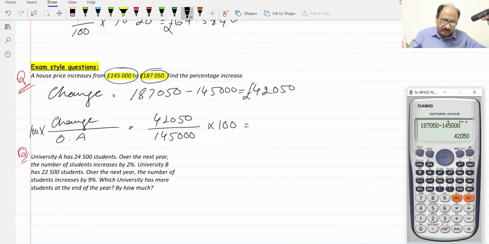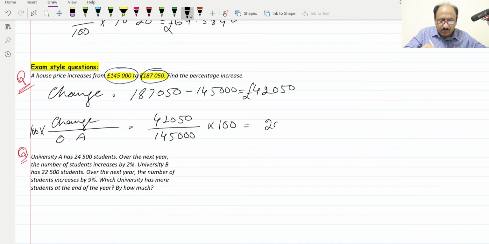We can write here the fraction 42050 divided by 145000, multiplied by 100, and this answer will be 29%, like this.